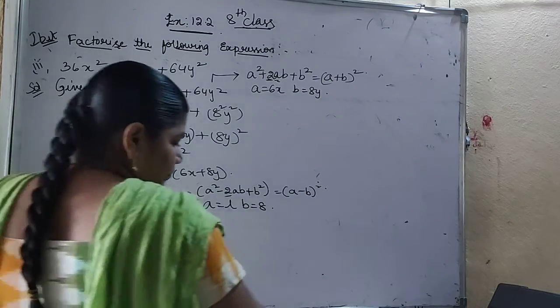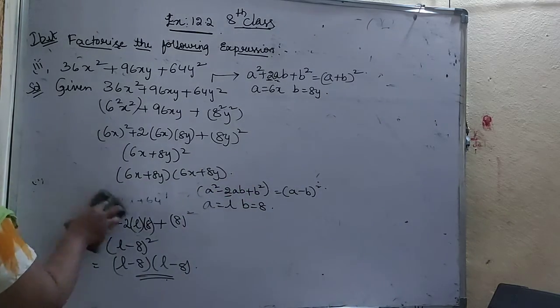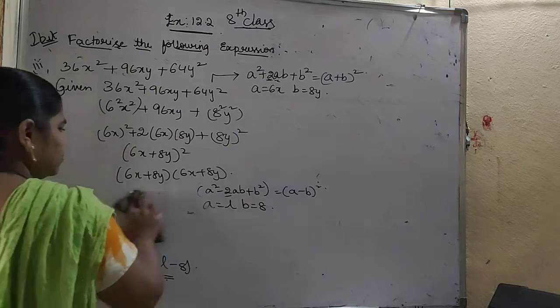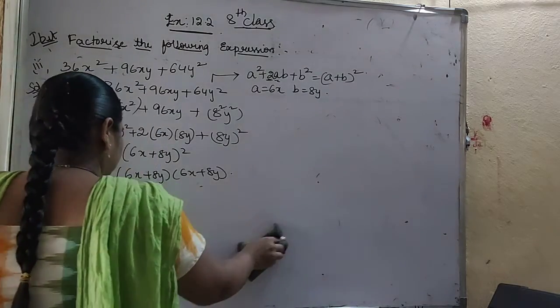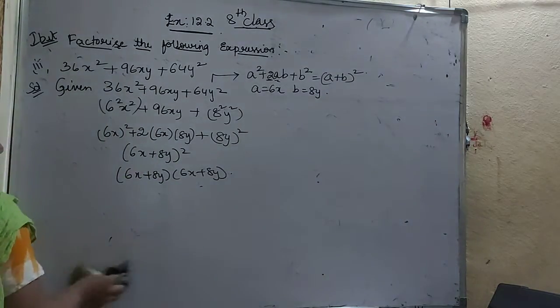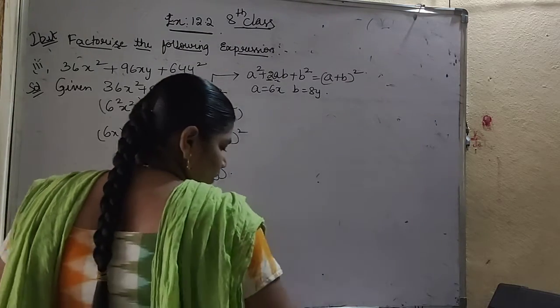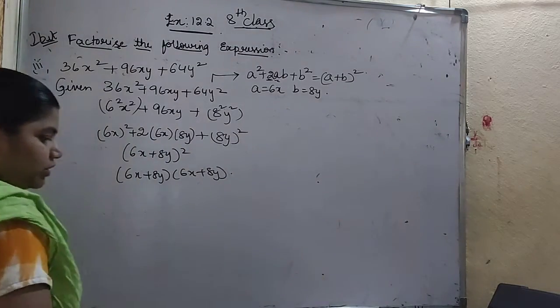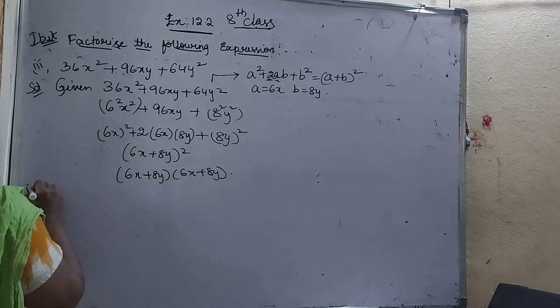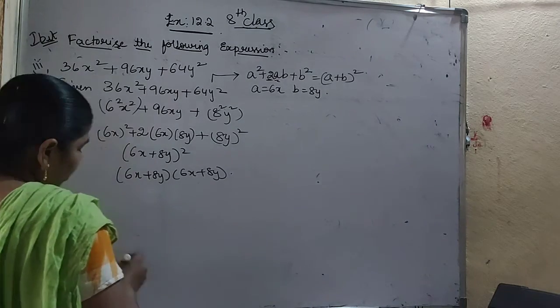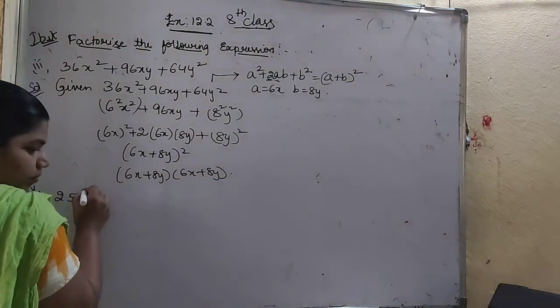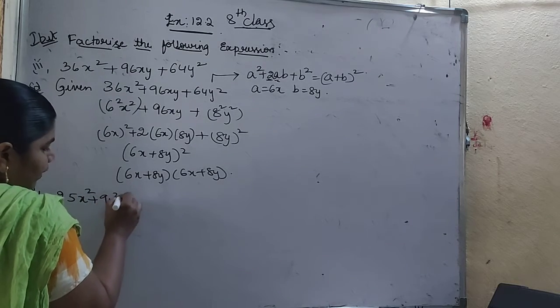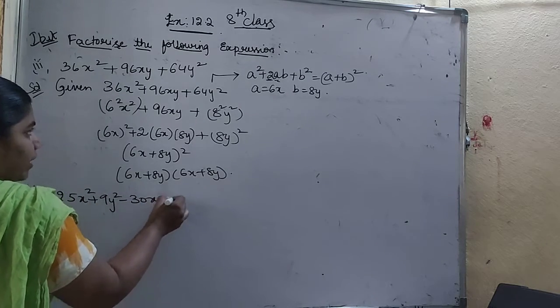Next is the fourth one. So what is the fourth one? 25x square plus 9y square minus 30xy.